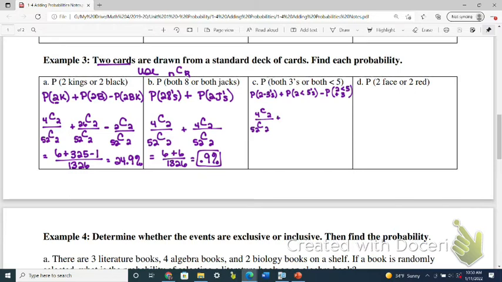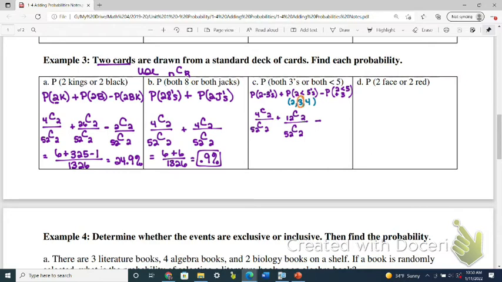I have 4. So less than 5, that would be 2, 3, 4. 5 is not less than 5, so I can't use that. So it's 2, 3, and 4. I have 4 of each of those, so that gets me 12. And what's my only number that is less than 5 and a 3?